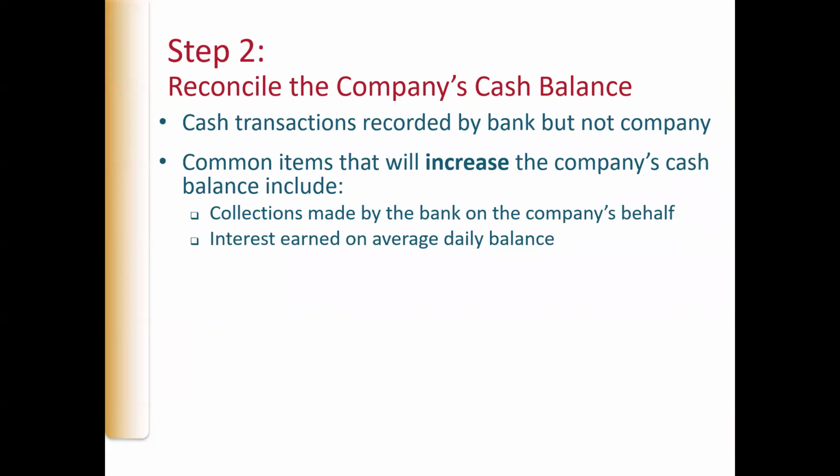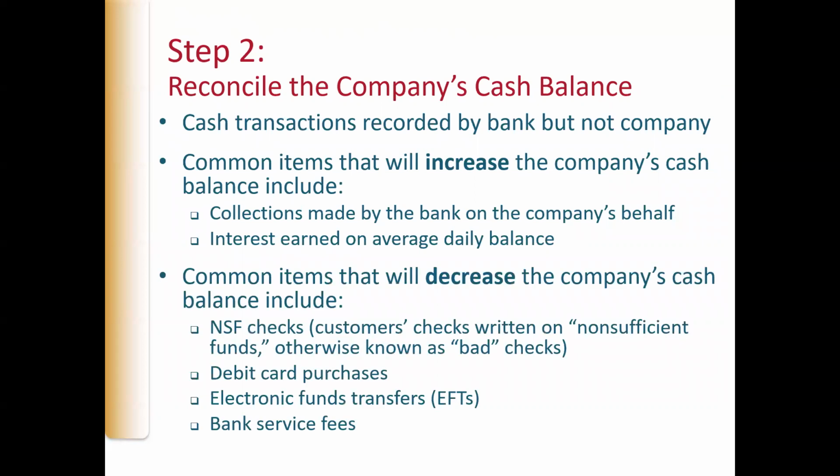Now, when we reconcile the company's cash balance, these are going to be cash transactions recorded by the bank, but the company doesn't know about, such as collections made by the bank on the company's behalf, or interest earned on the average daily balance.